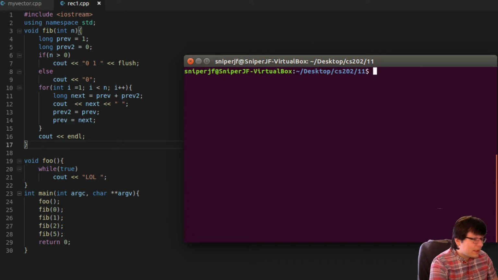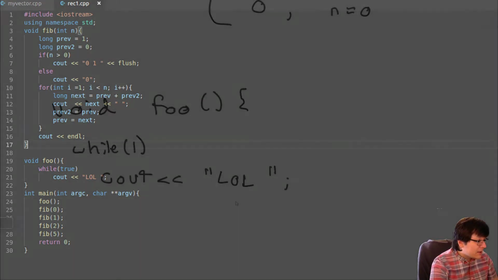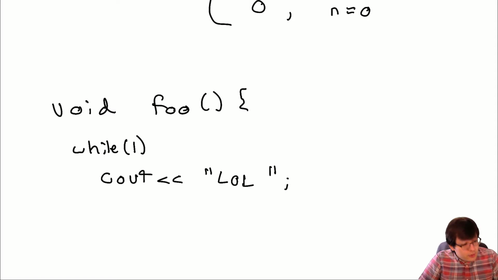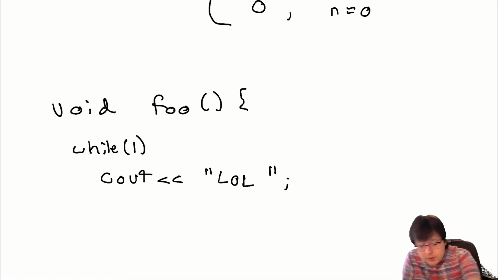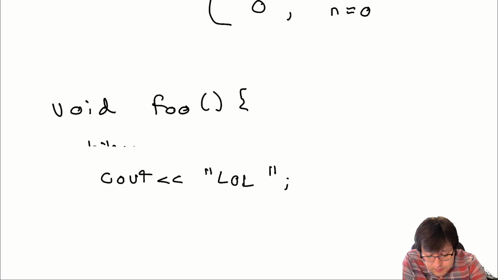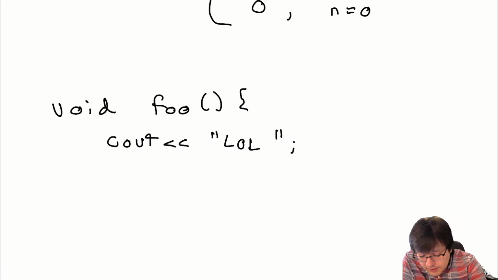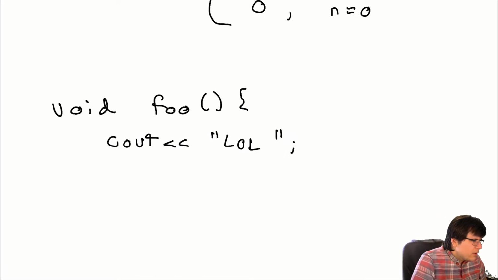Okay, so that's quite an easy program. But there's another way that you can do this. And the other way is you don't need the loop. You can just say cout, but that's only, of course, going to print it once. Okay, but what does function foo do? Well, it prints out LOL once.